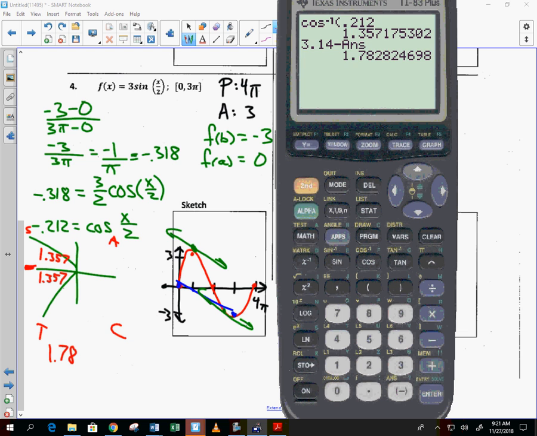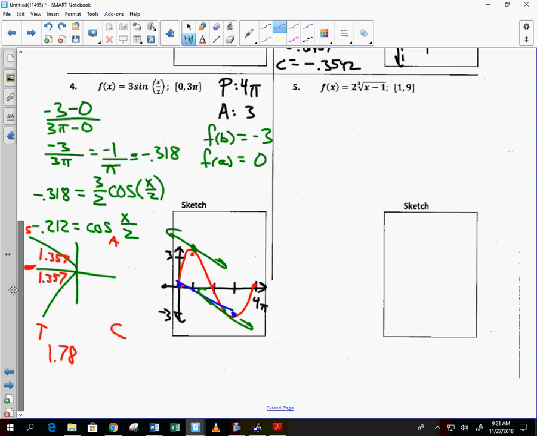And then for the other angle, I take 3.14 and I add 1.357. And I get 4.497.